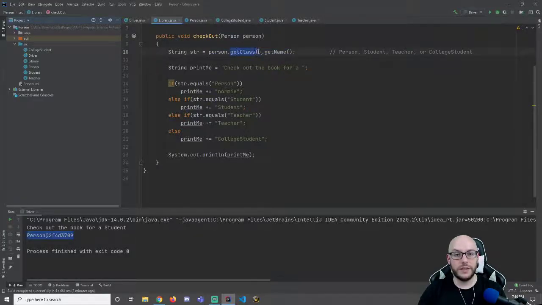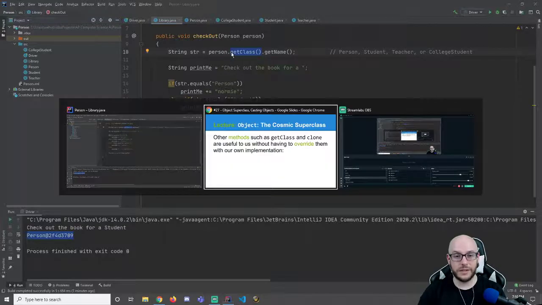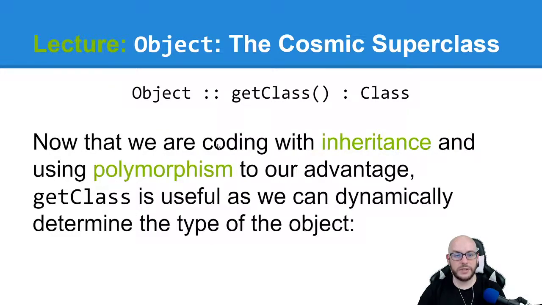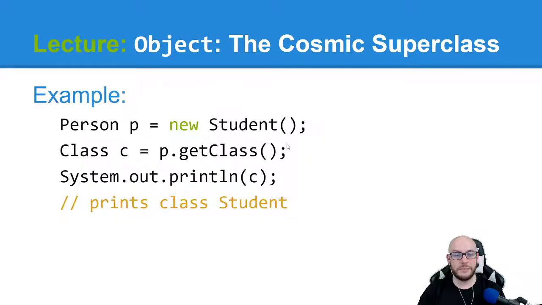And what is important is that getClass is coming from Object. That is a method that is inherited from Object. So getClass is how we can find out the runtime data type of the object. Now that we're coding with inheritance and using polymorphism to our advantage, getClass is useful as we can dynamically determine the type of the object.